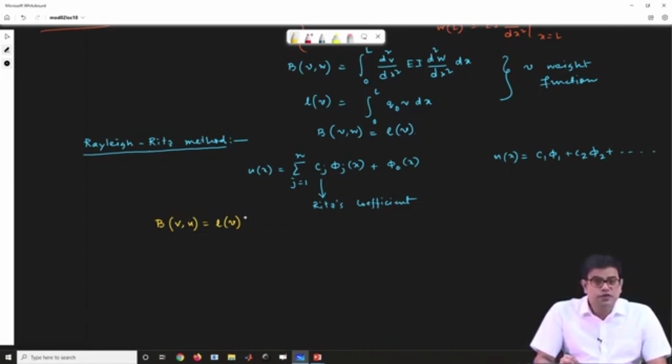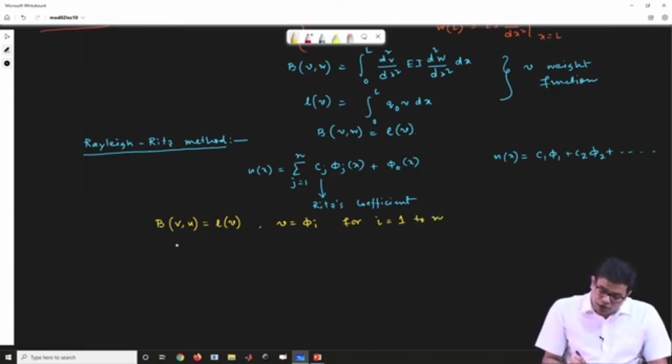If I choose my v as phi i, for i equals 1 to n, then what will be my weak form? Also, phi i needs to be admissible. That we should always keep in mind.